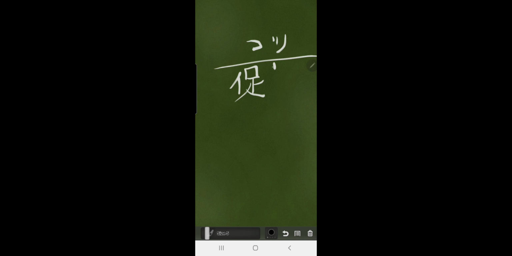Soku, on. I'll write it in Hiragana here so you can see what it looks like. And literally that means assimilated sound. So on the next part we're going to be learning about that.